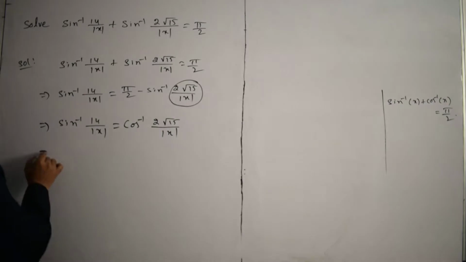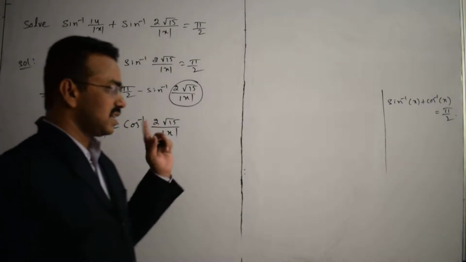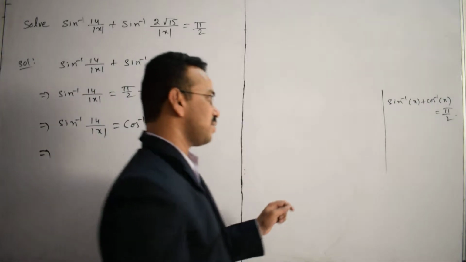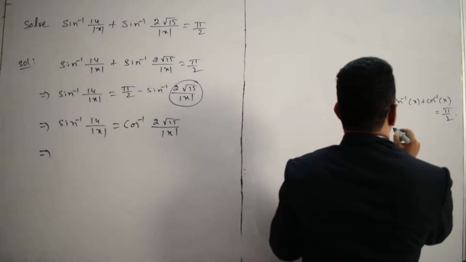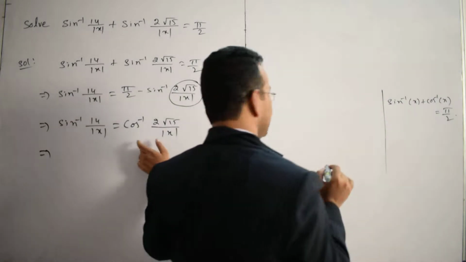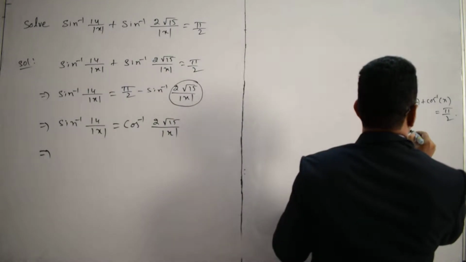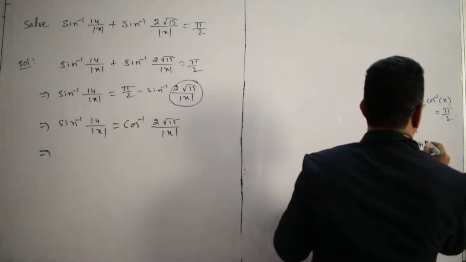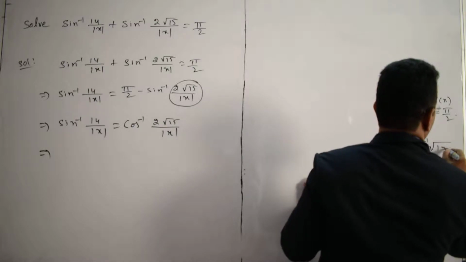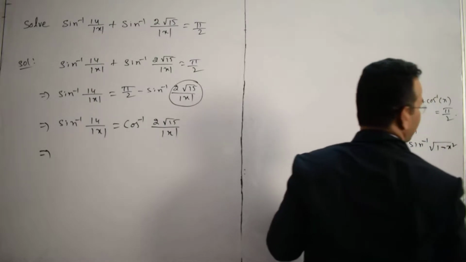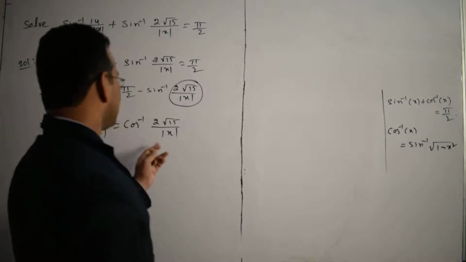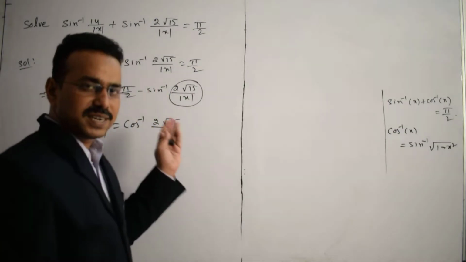In the next step, I want to write this cos inverse in terms of sine inverse. There is an important formula. Here we want cos inverse of x. Cos inverse of x equals to sine inverse of square root of 1 minus x square when x is greater than 0. Automatically 2 root 15 by mod x is always greater than 0.